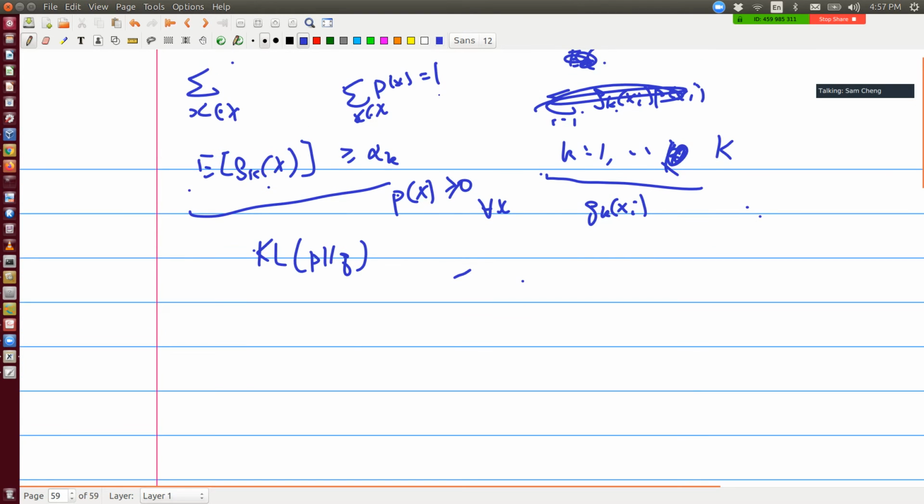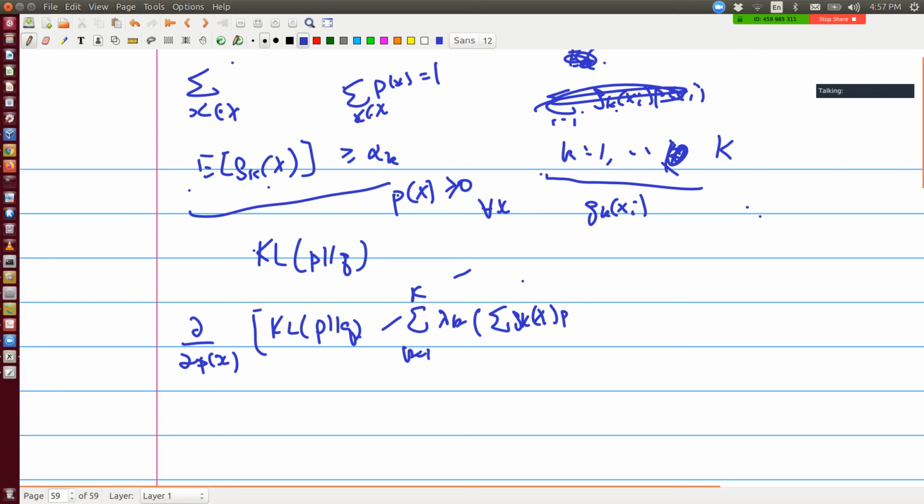So if we have all the constraints, the Lagrangian is the KL divergence D(P||Q) minus the sum over k from 1 to K of lambda_k times (the sum of g_k(x) P(x) minus alpha_k).